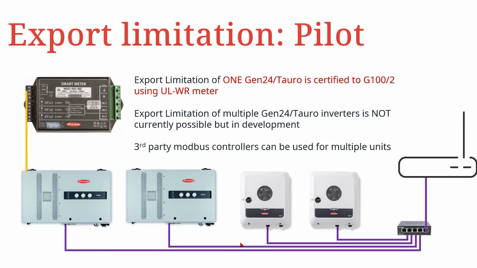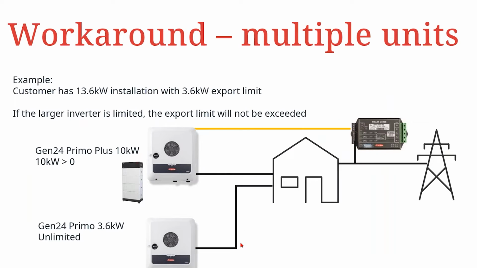This isn't necessarily a major issue because, for example, if we have two inverters in the house, we can have one larger unit, maybe a 10 kilowatt Gen 24, and then a smaller 3.6, which is unrestricted.